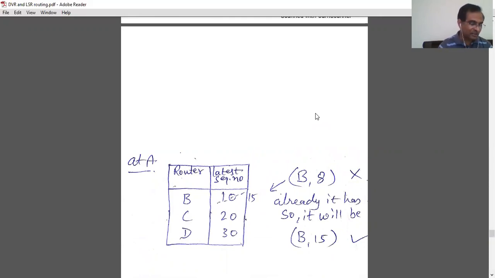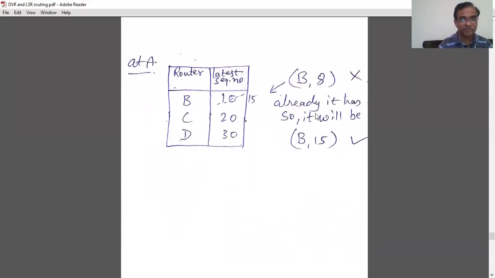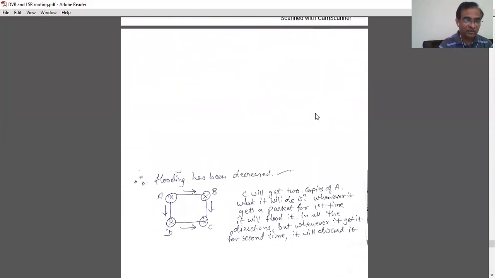Whenever you know that a packet is the latest, that packet has to be flooded. So we flood only the latest information and never the old information. Therefore flooding is decreased, because we communicate only new information.